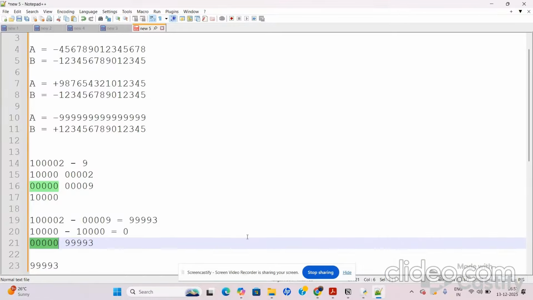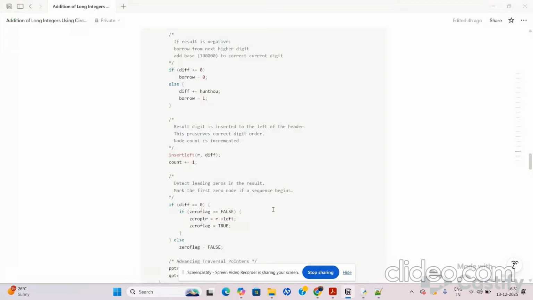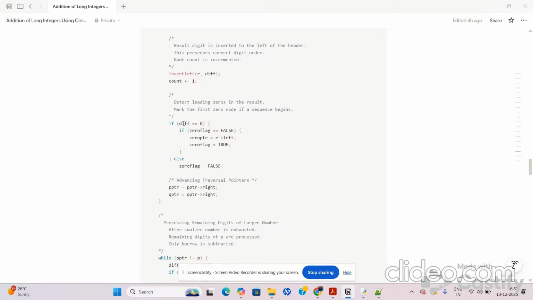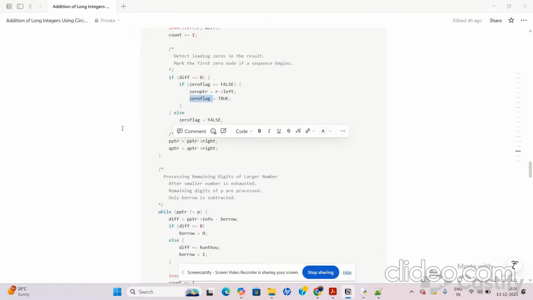Okay, so in order to delete the leading zeros, what you do is, if the difference is 0, and we have taken a boolean flag called zero flag, it's initially set to false. Okay, so in that case, while inserting the node, we make the zero flag true. Okay, and then we keep advancing the traversal pointers to the right side.